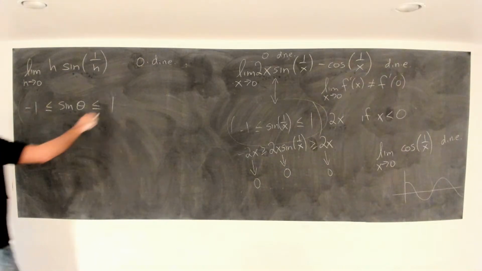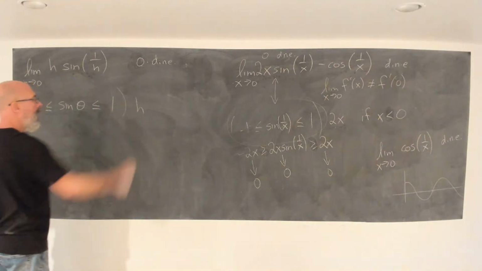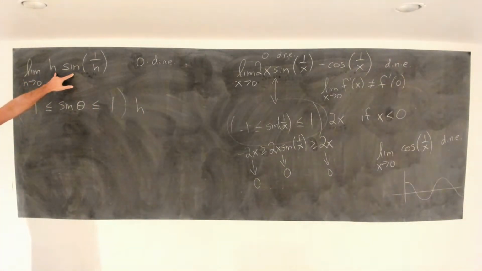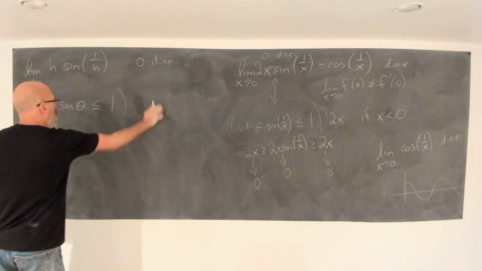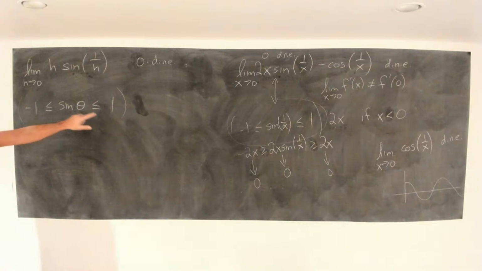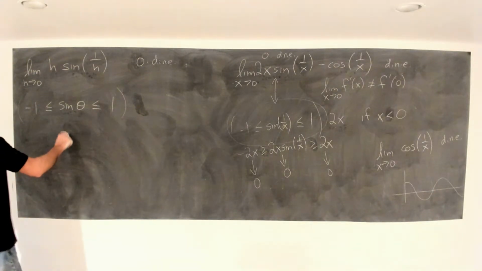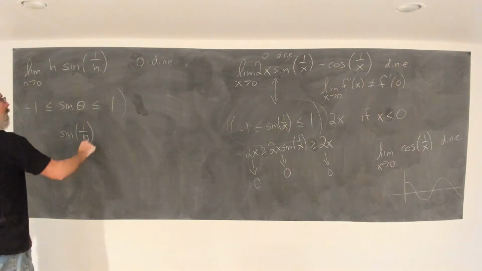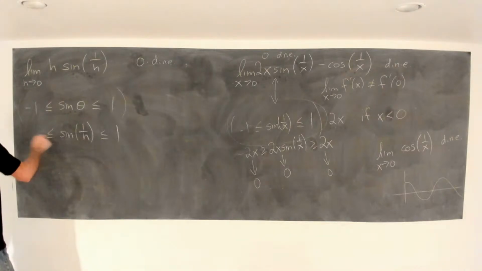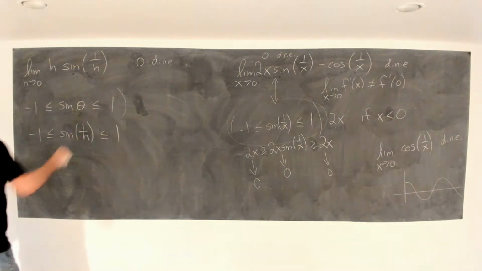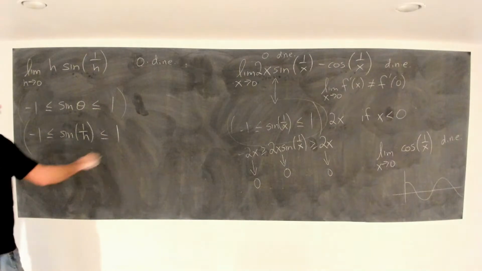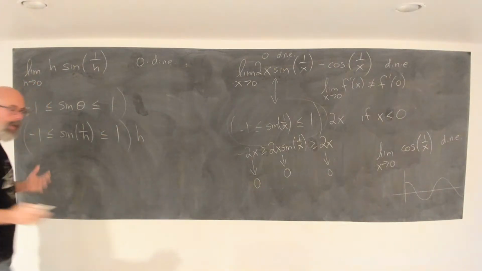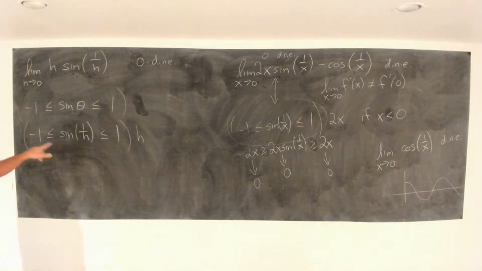So now, multiply this by h to get this. Well, sorry, I'm a bit hasty there. Sine of theta is between -1 and 1. So sine of 1 over h is between -1 and 1. And now multiply everything by h. But now that's going to depend on, right?